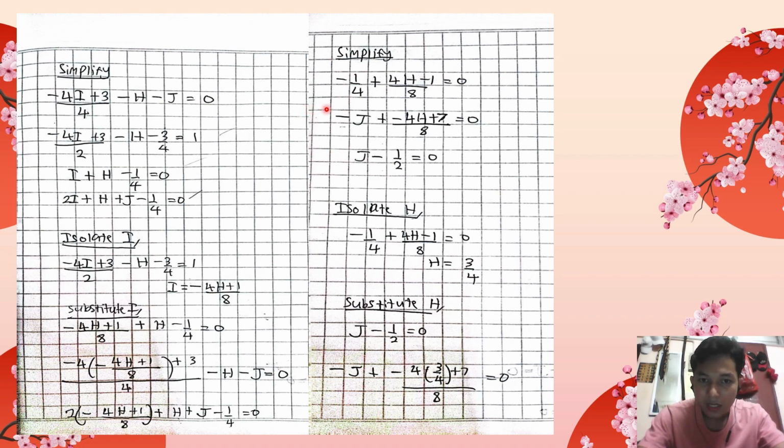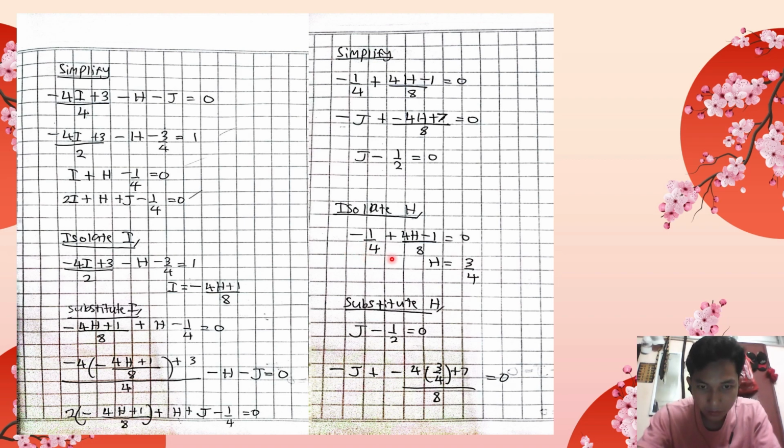Now we can simplify the previous equations. We get negative 1 over 4 plus 4h minus 1 over 8 equal to 0. Negative j plus negative 4h plus 7 over 8 equal to 0. Then the third equation is j minus 1 over 2 equal to 0. From here, you can isolate h.